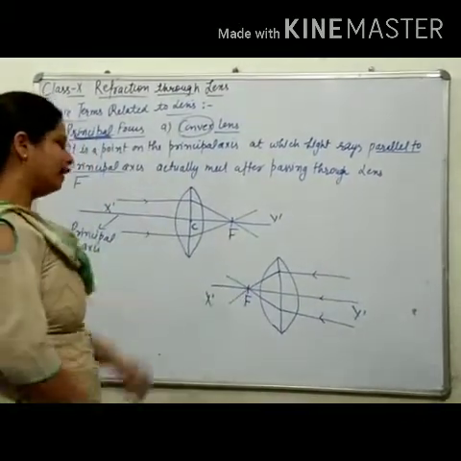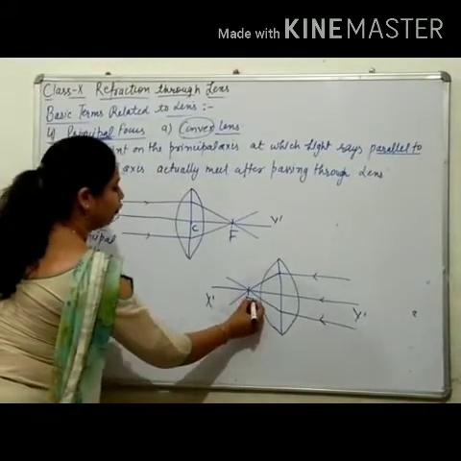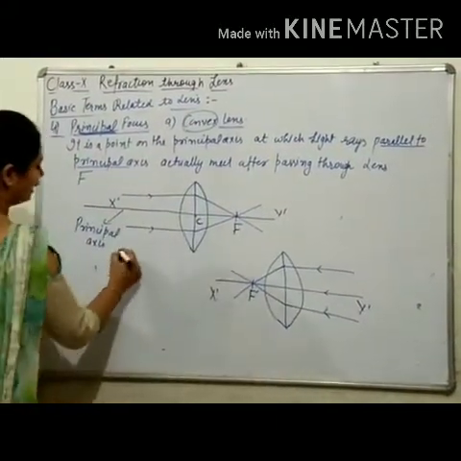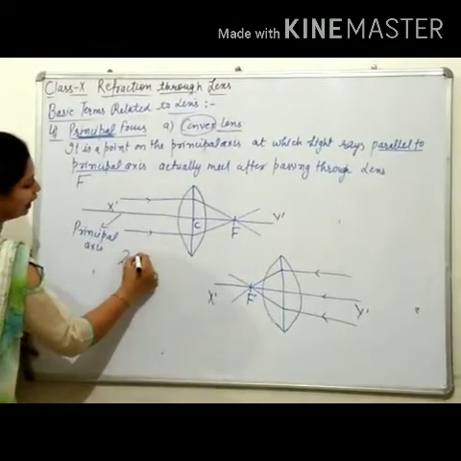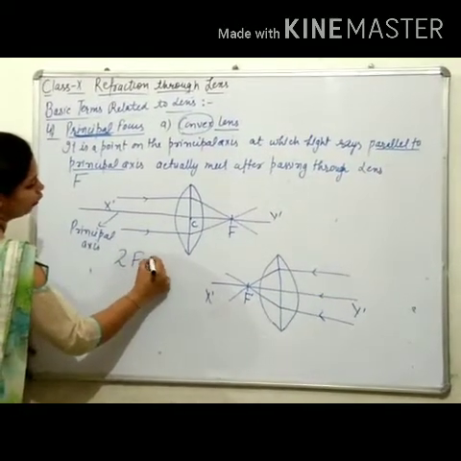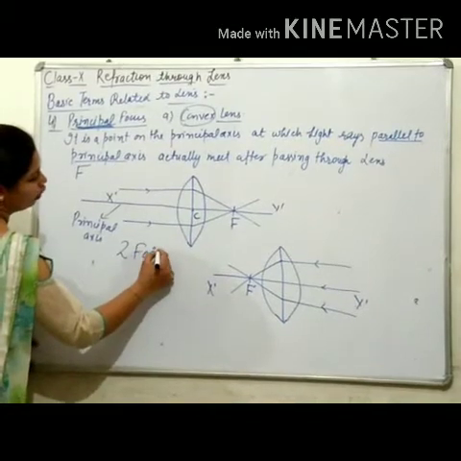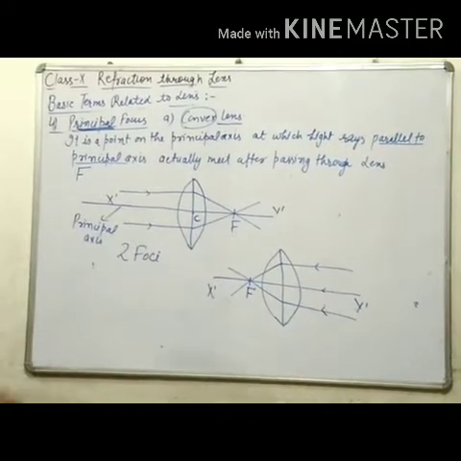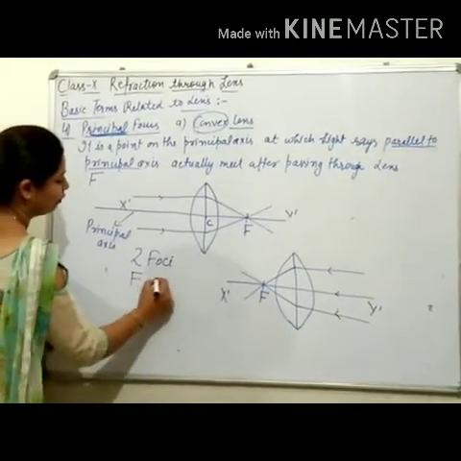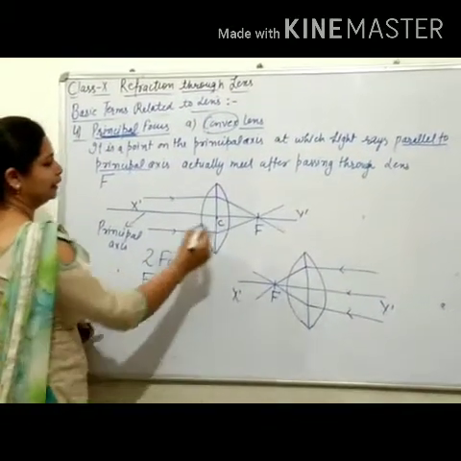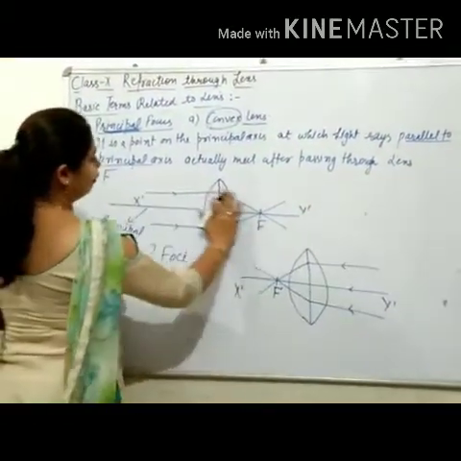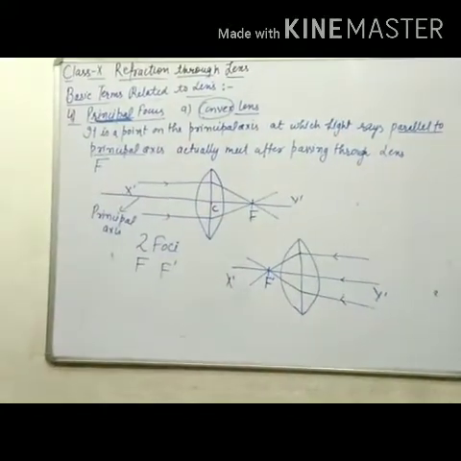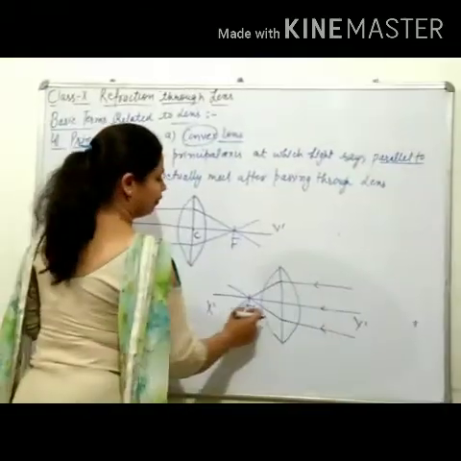This is again a focus, but this focus is represented by F dash. So I can say there are two foci of a convex lens, the plural of focus being foci. A convex lens has two foci, F and F dash. This one is F if light is coming from the left, and if lights are coming from the right, it is F dash.